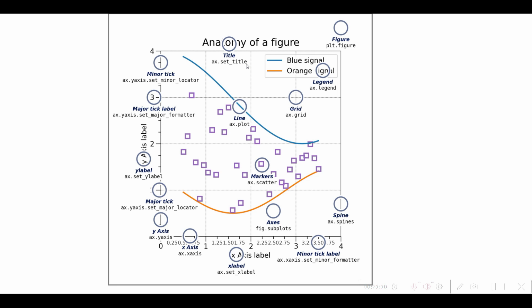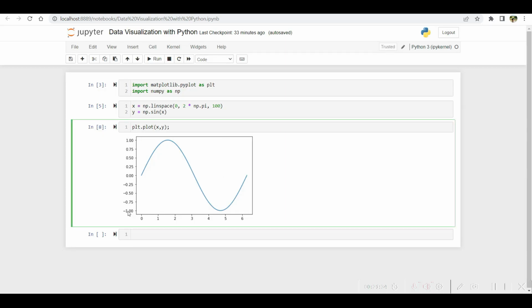Set_title will be used for setting a title or naming a plot. Set_xlabel will set the name of the x-axis. Set_ylabel similarly will set the name of the y-axis. Now you have ticks, right? Ticks meaning, let's say in this picture we have these ticks, right?